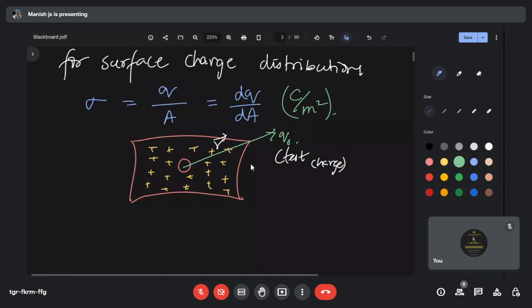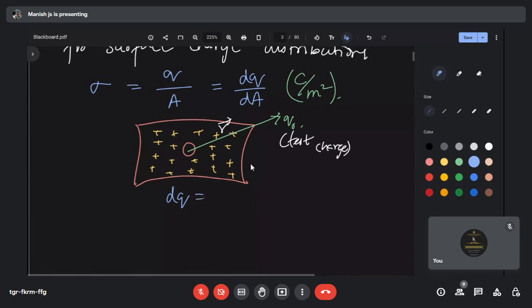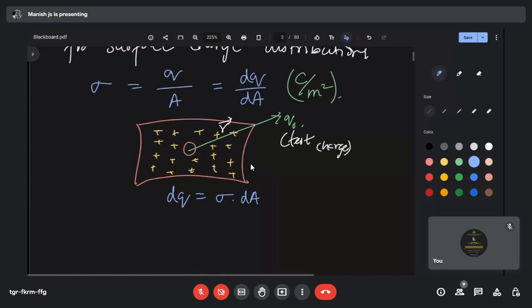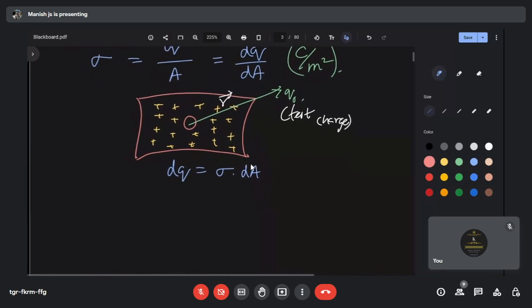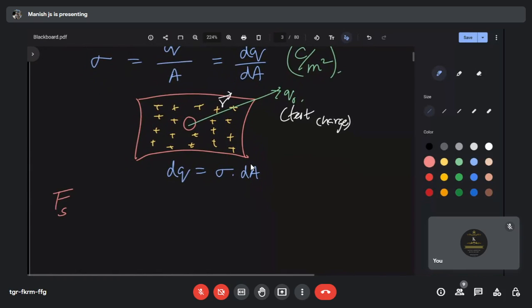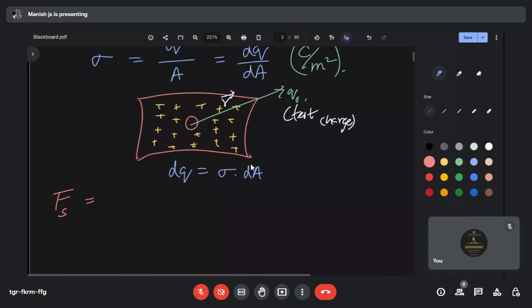Okay, so what would be the surface charge distribution dq here? How can we write dq? Go for a rearrangement, sigma into dA. I'm just rearranging. Okay, so we can represent it this way. In the same way now we can find the force. What will be the force experienced by the test charge at that point away from the surface charge distribution?